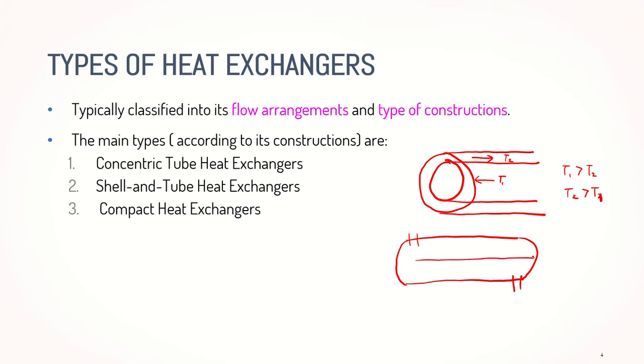So this is two pass. The flow would be like this, this is the flow in the shell, and then you're going to have tubes. So this would be the tubes inside.